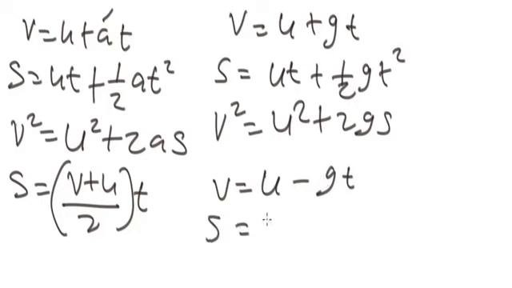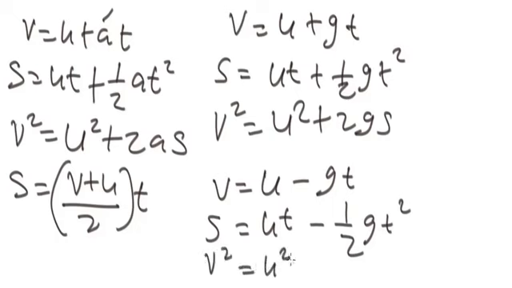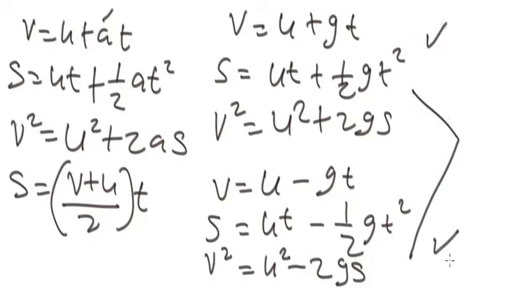Same thing is applicable to ut minus half gt square, and v square equals u square minus 2gs. Alright, so take note of this variation. This one is responding to gravity, this one is going against gravity.